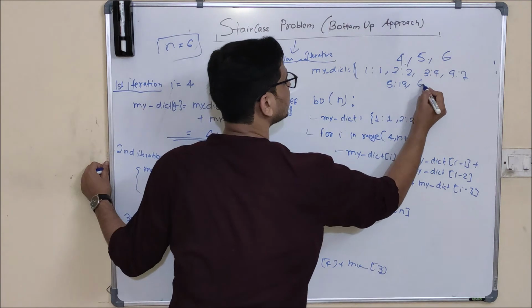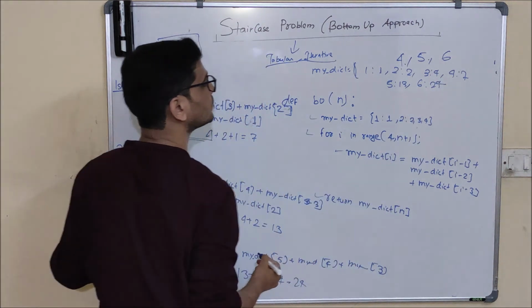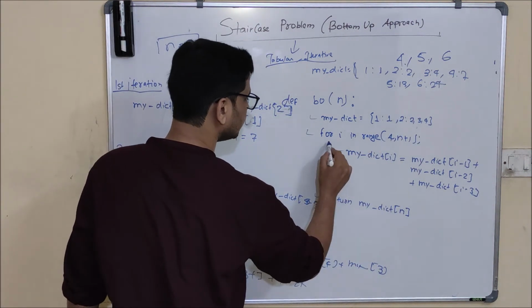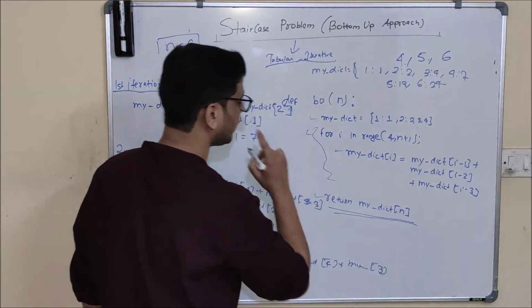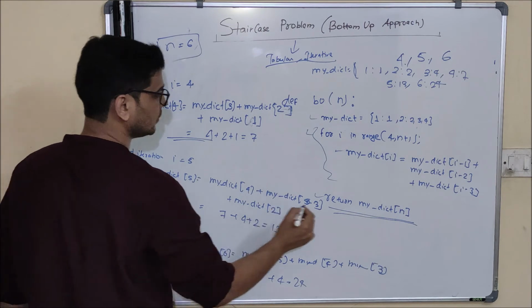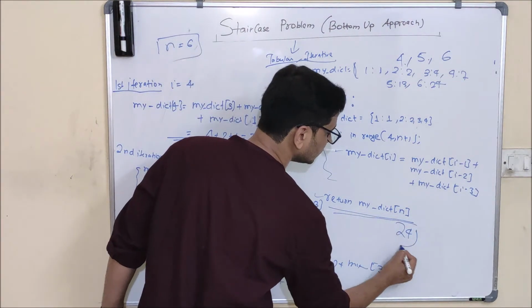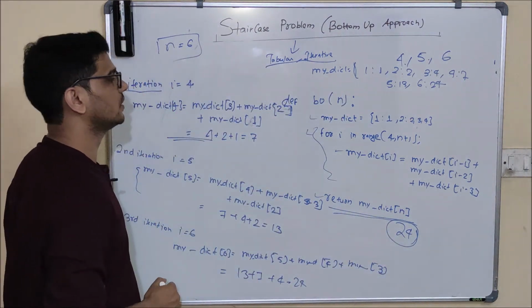So it will update it here 6 equal to 24, and in next line when this for loop will end, I am going to return my dict of n, that is I will return 24. So this is our answer and it is correct.